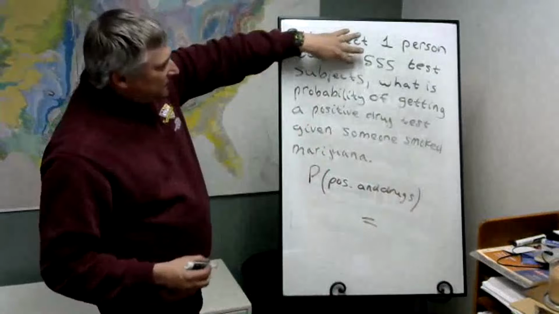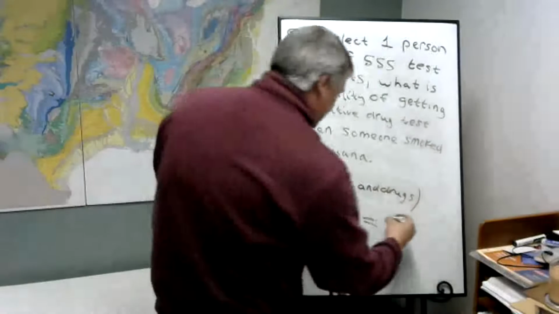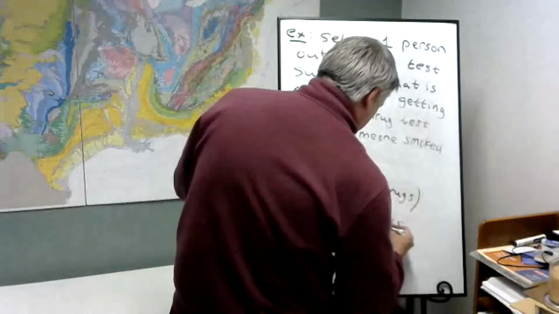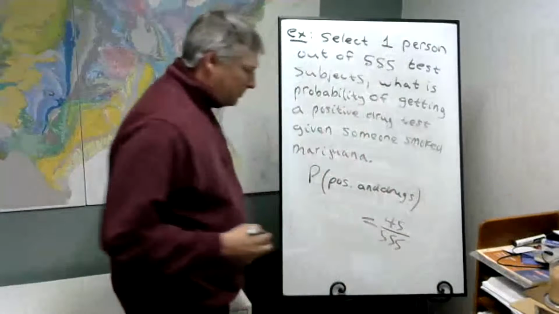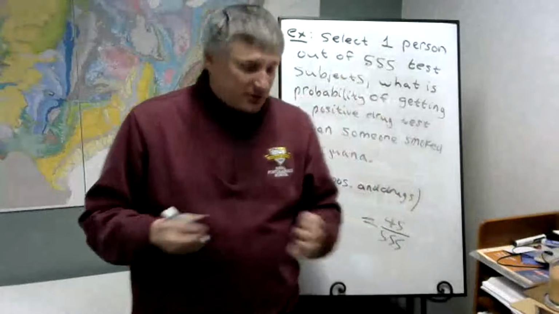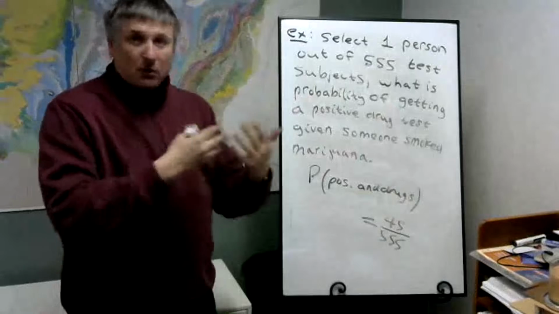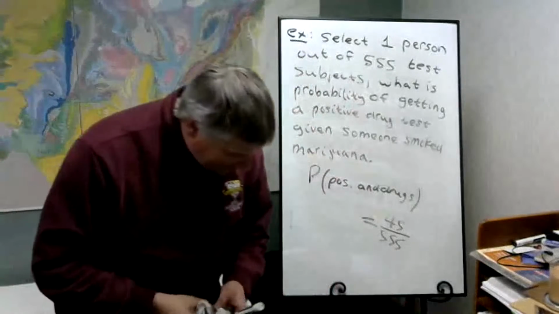So of these 555 people, there were 45 who had done drugs and had a positive test. The two just go together. There were 45 people where that was the case.